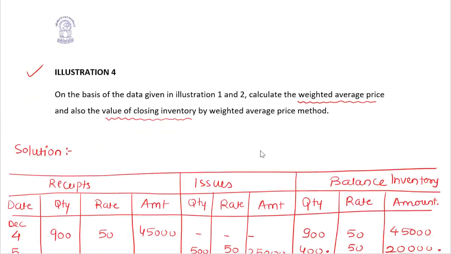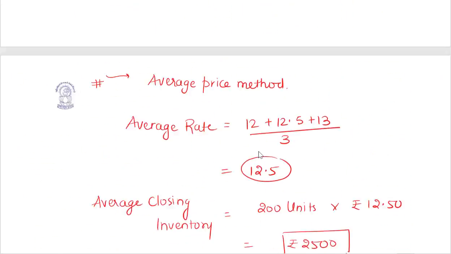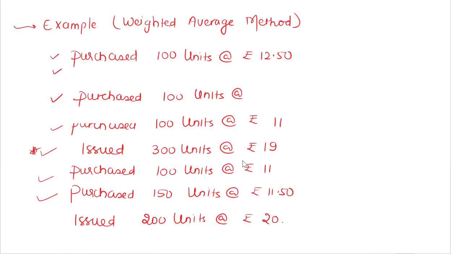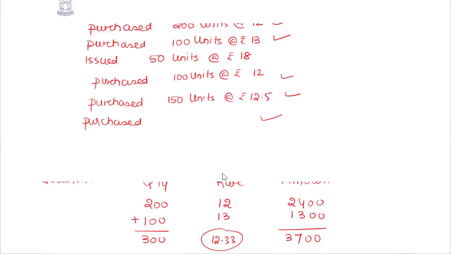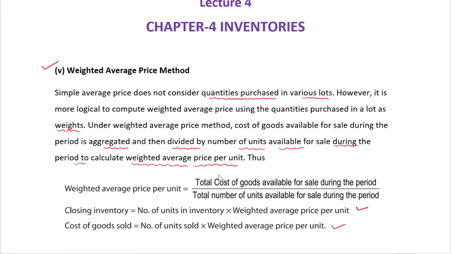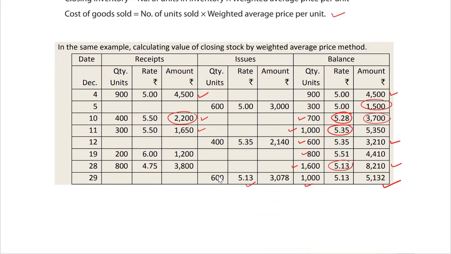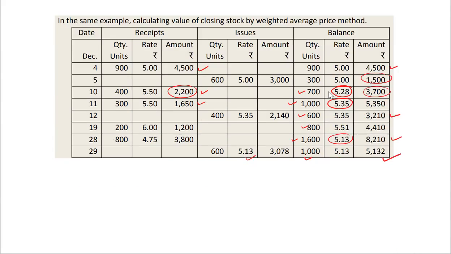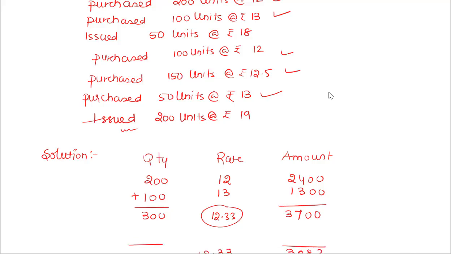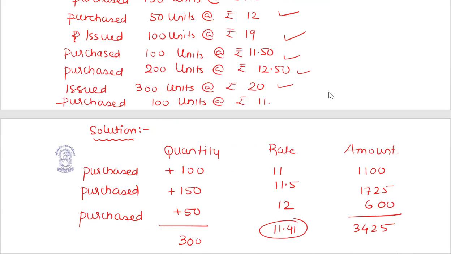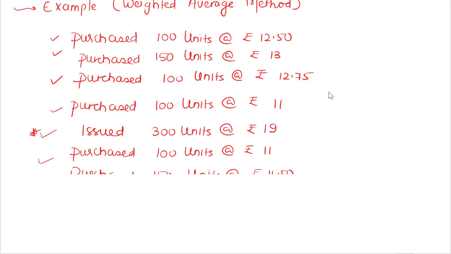Let's see what we have done in today's class. So we have learnt about weighted average price method. We have seen an illustrative example. We have learnt the formula of weighted average price method. We have seen several examples in relation to it.